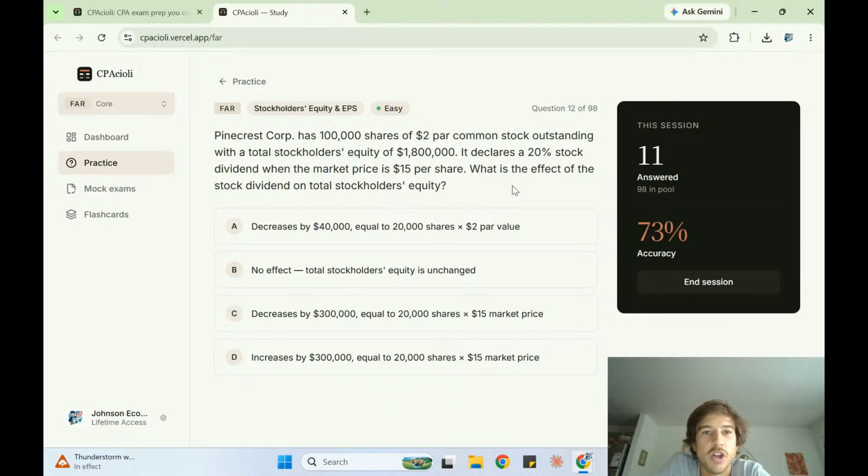Pinecrest Corp has 100,000 shares of $2 par common stock. Dang, it's giving us a lot of EPS questions. Interesting. Declared a 20% stock dividend. Okay. The shares of $2 par common stock.